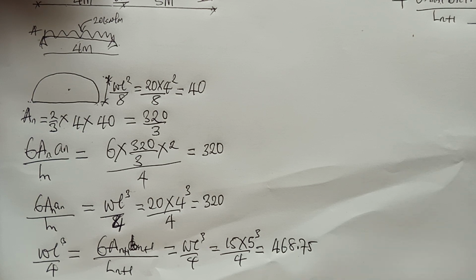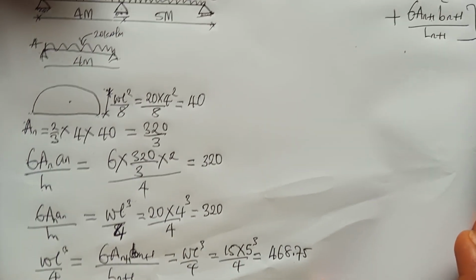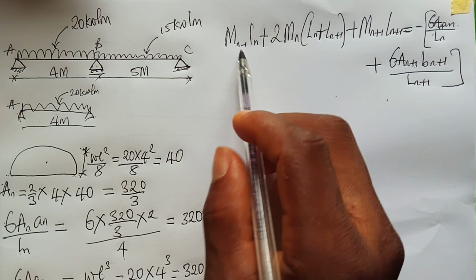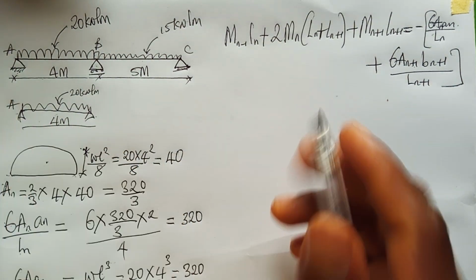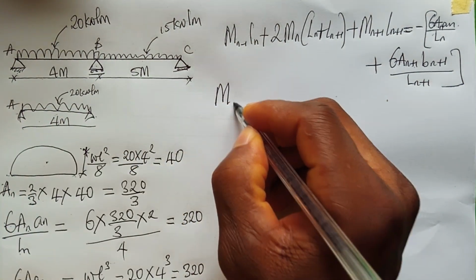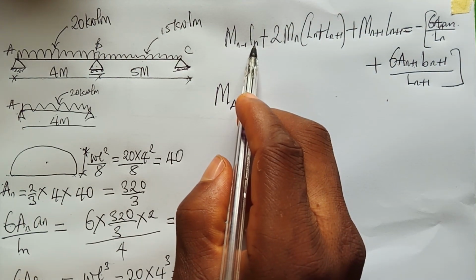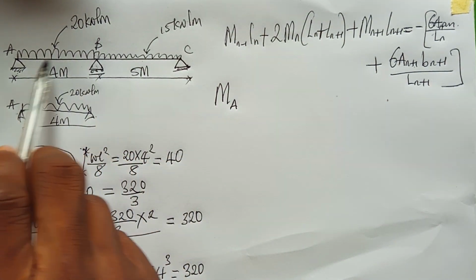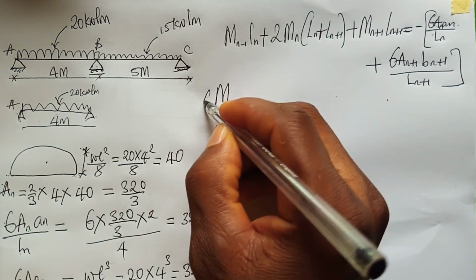So having gotten our 6An plus 1, Bn plus 1 all over Ln plus 1, let's go ahead and substitute into the formula. So we have Mn minus 1, which is the moment at point A, then our Ln, the span before the joint where we're standing, which is at joint B. So we have 4.